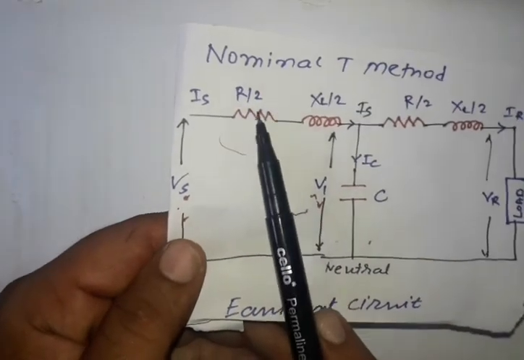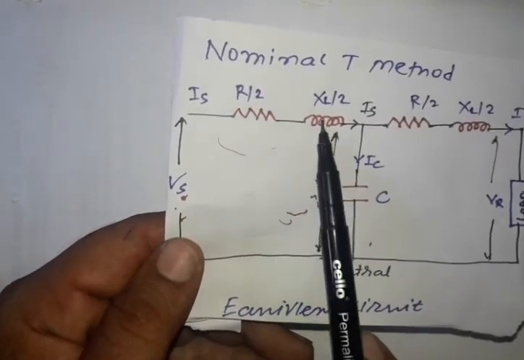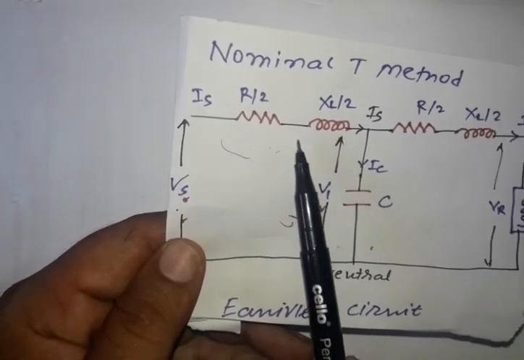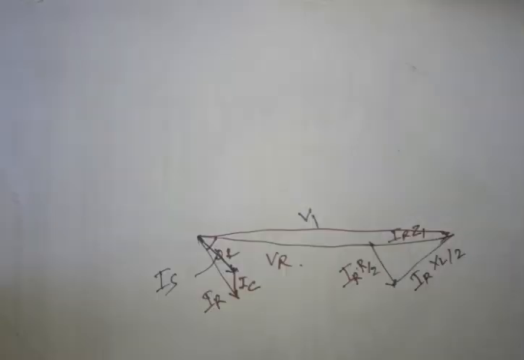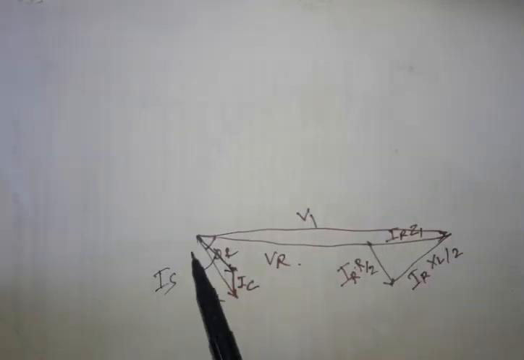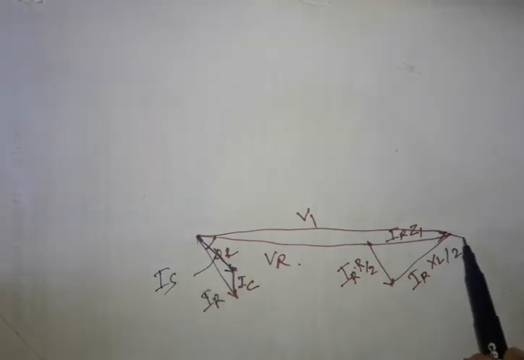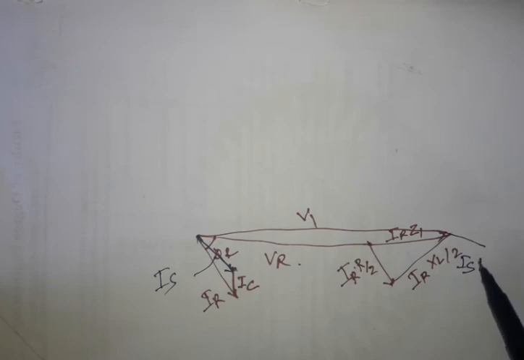Now current Is flows through resistance R by 2 and XL by 2, so we draw the line for this drop. We draw a line parallel to current Is, which is Is into R by 2, our resistive drop.